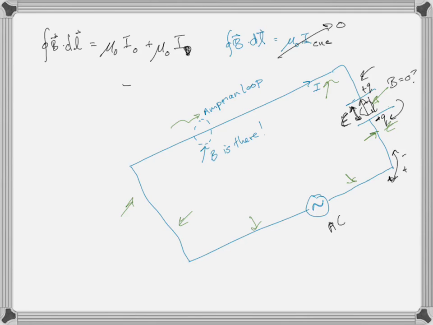And what Maxwell was able to show, and this is the part where you just have to take it as given at this point, is that the displacement current has to do with that changing electric field between the plates. I realized I called this I0, that should be I enclosed, in Ampere's law, plus mu naught I displacement.